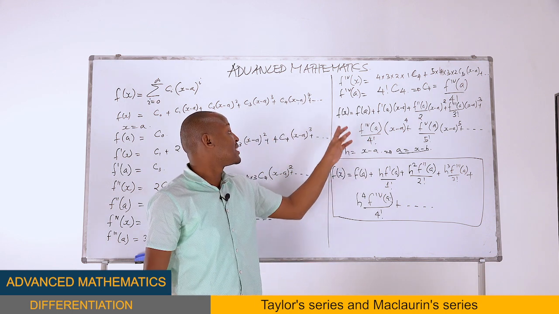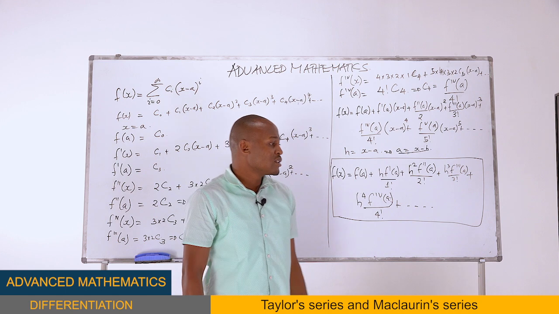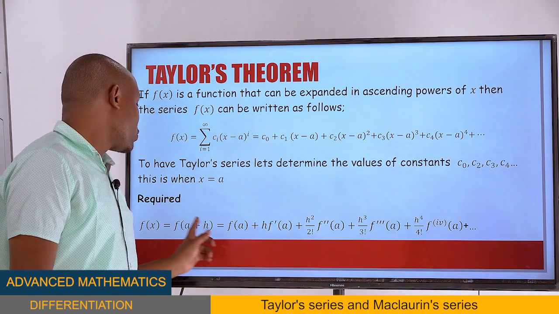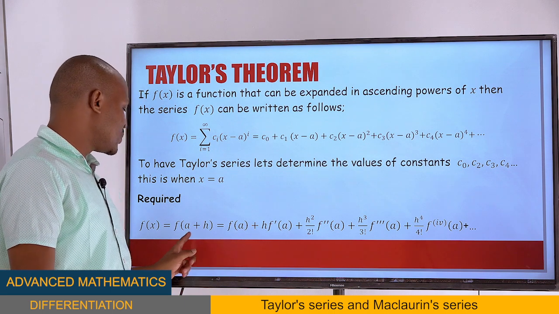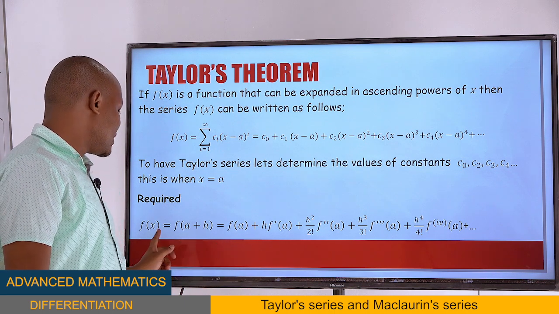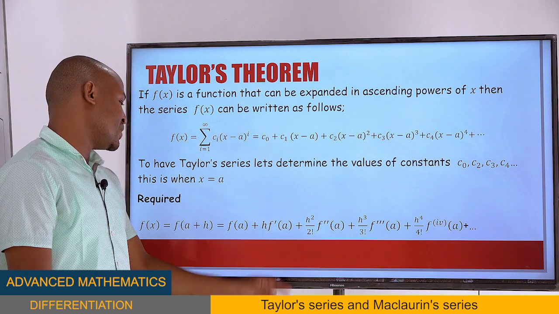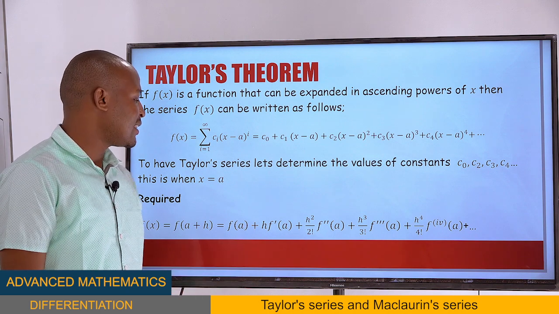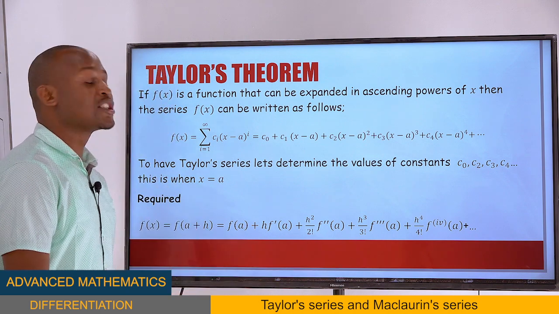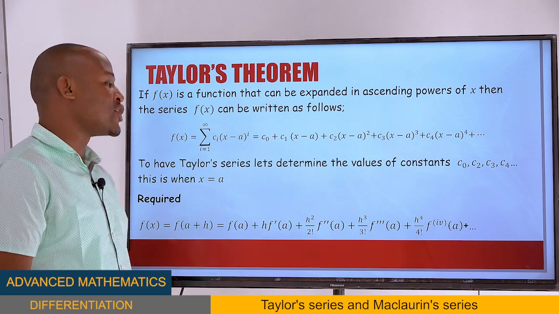Or in other books, they just stop at that point, and it is very much correct. So this is what was required, and we have obtained that. That means the value of x there is equal to a plus h. I will explain it as we go on, doing some few questions later on. So this is the so-called Taylor's expression, or Taylor's series, or Taylor's expansion.